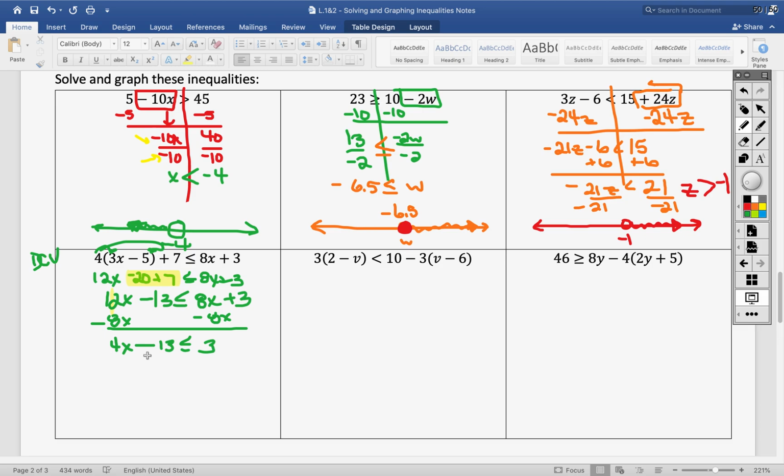Opposite operation is add 13 to both sides. 4x is less than or equal to 16, divided by 4. x is less than or equal to 4. Because it says or equal to, I'm going to fill in my circle, and it says less than, so I shade it to the left.